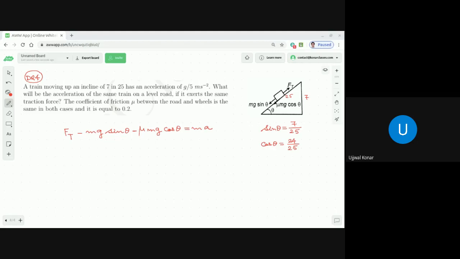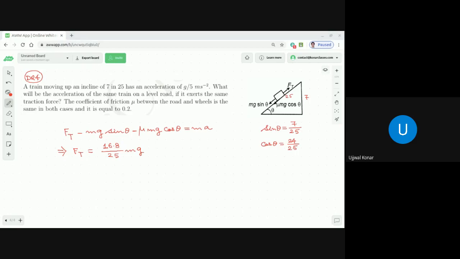If you do not get it, please do be in touch with me. You will get 16.8 divided by 25 mg. That is the value of the traction force.